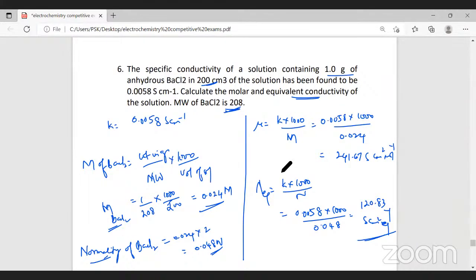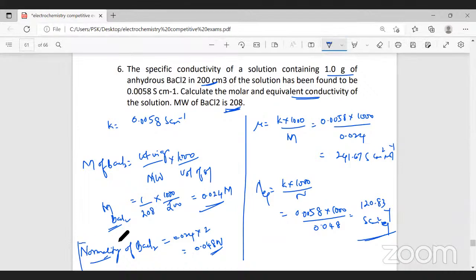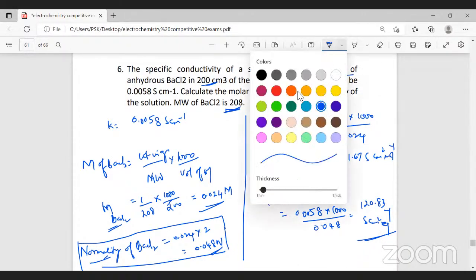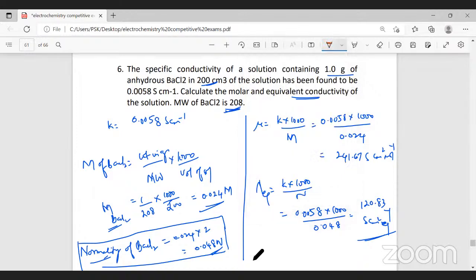Understood or not? See, if you are not able to know this relation, normality we can also calculate by the formula. Normality is weight in grams divided by equivalent weight, into 1000 by volume. So here it's molecular mass in order to calculate molarity; in order to calculate normality, it is equivalent mass.